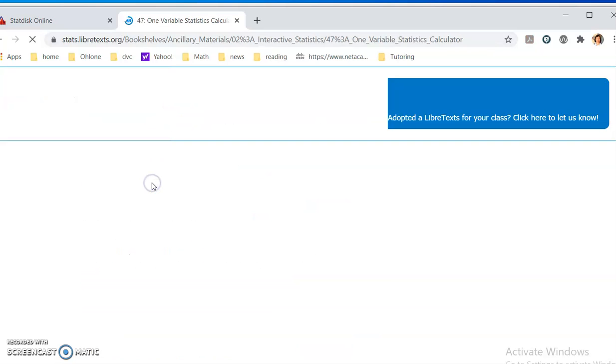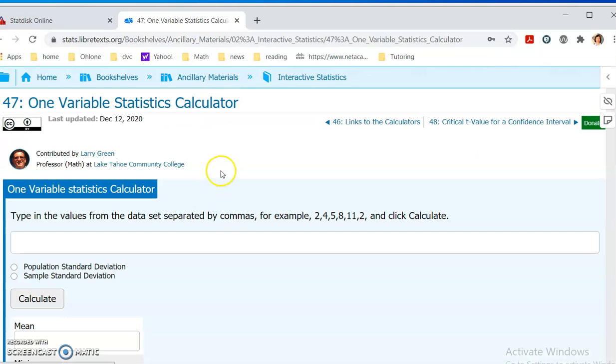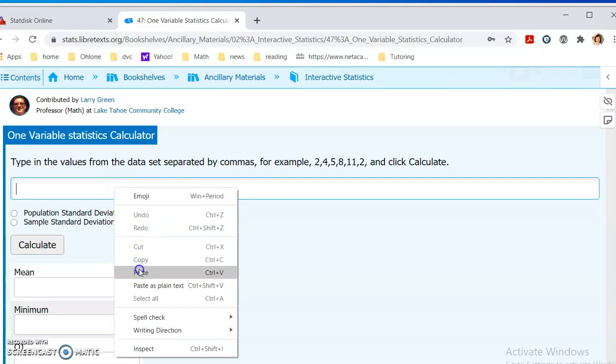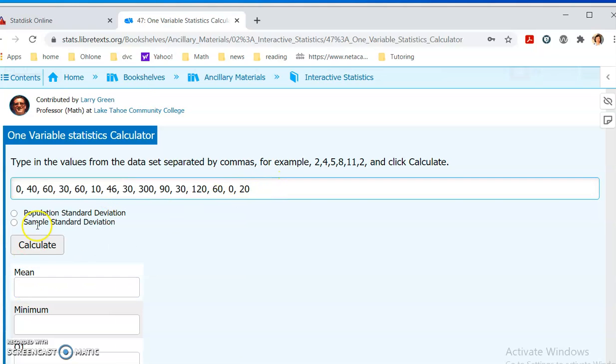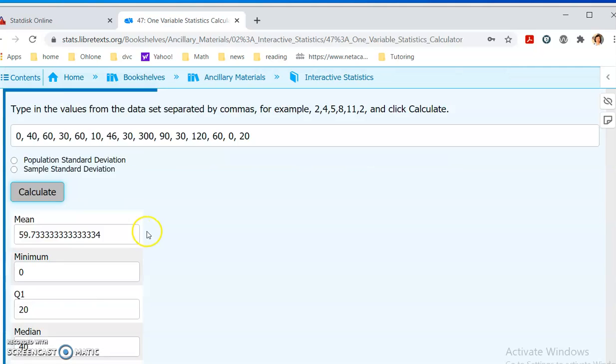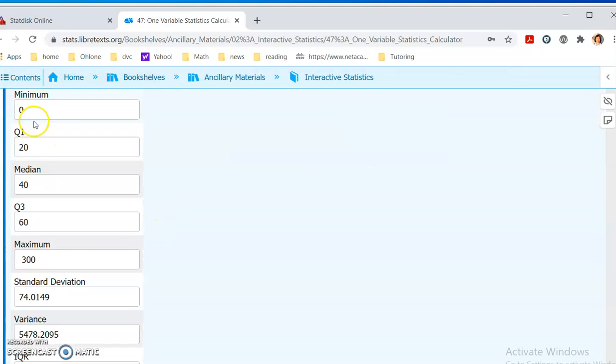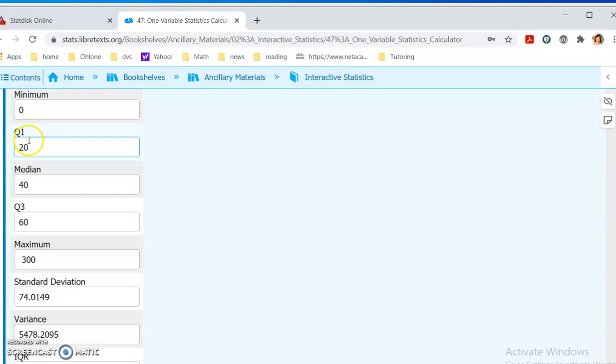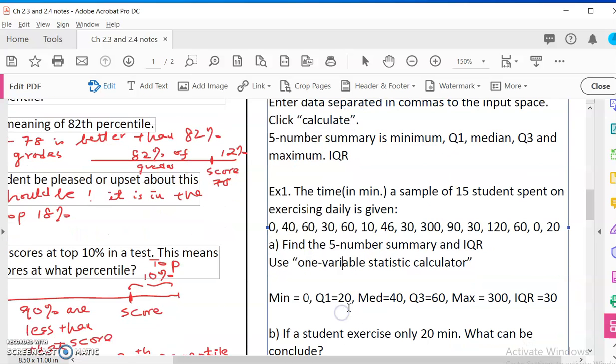You can also find this in Canvas in your calculator link. You paste the data in comma form and you calculate. The 5 numbers will be here. Don't include the mean; the mean is not one of the 5 numbers. So it's 0, 20, 40, 60, 300.